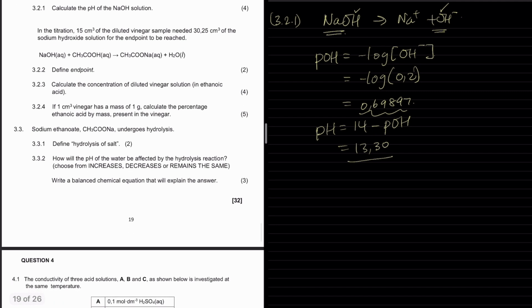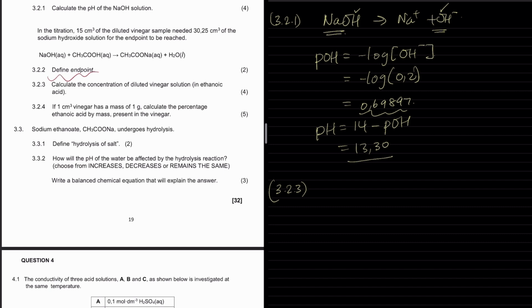Next part, in the titration, 15 cm cubed of the diluted vinegar sample needed 30.25 cm cubed of the sodium hydroxide solution for the endpoint to be reached. 3.2.3, calculate the concentration of diluted vinegar solution in ethanoic acid.